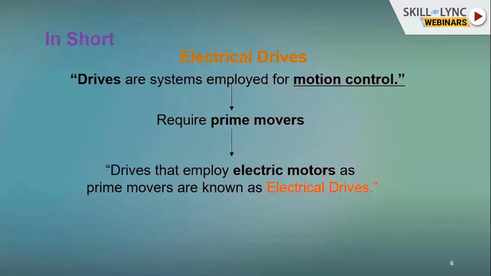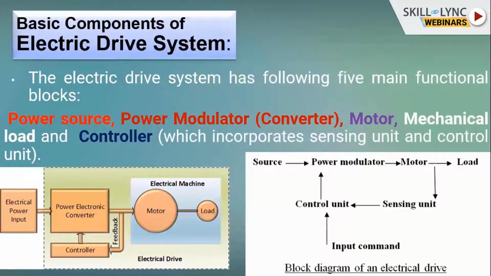These are the basic components of an electric drive system. It has 5 main functional blocks, namely power source, power modulator, motor, mechanical load, and the controller. The controller is the combination of the sensing unit and the control unit.